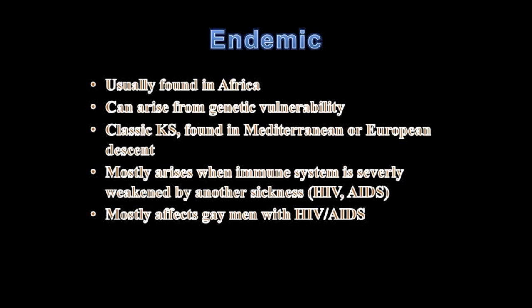There's another form of Kaposi sarcoma that is found in patients who have organ transplants. Their immune systems are weakened by the drugs they take because they don't want their body to attack the new organ, and when their body lowers the guard, the Kaposi sarcoma can enter and infect.